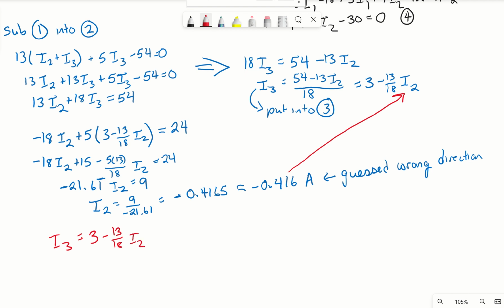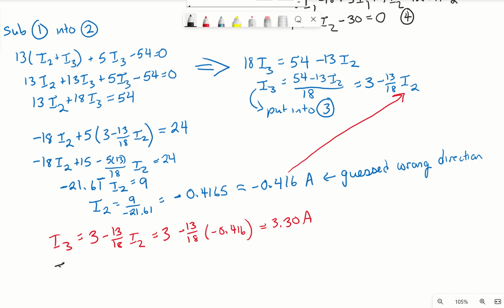So now I'm just going to put in my number for I2. And I'm going to get that I3 is equal to 3.30 amps.